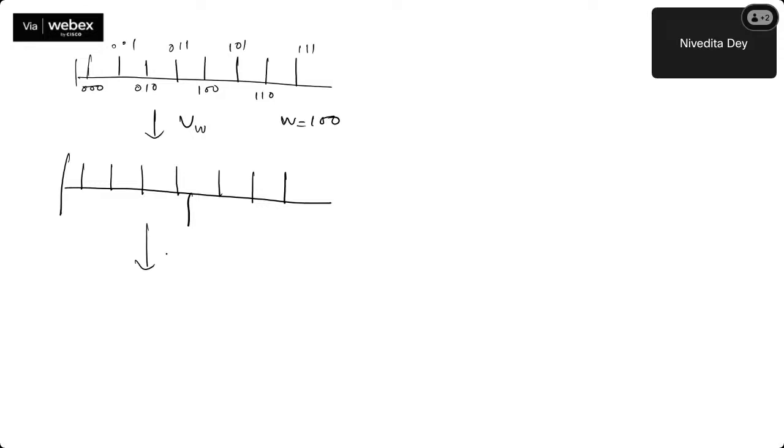Post that, whenever I apply the US operator, ultimately I get all these values to be very small. And this one, because of negative and negative, both negative effects, has now become very positive. So the maximum probability will lie on the one where you have your marked state.